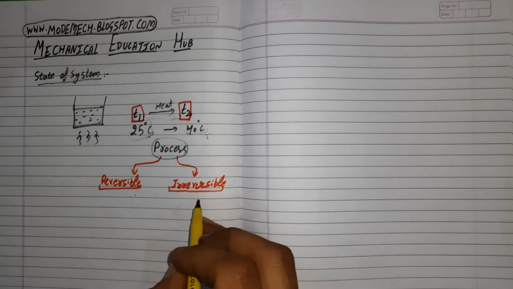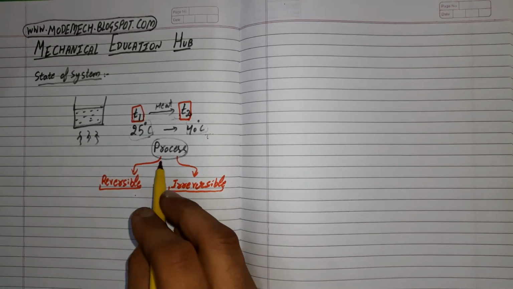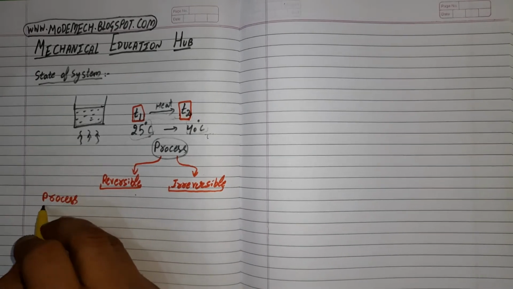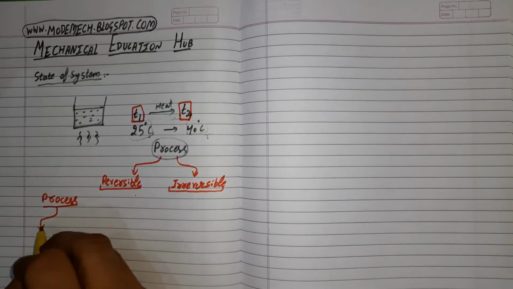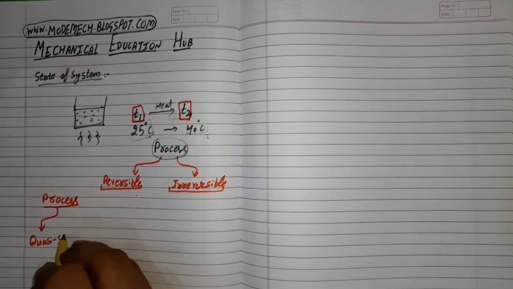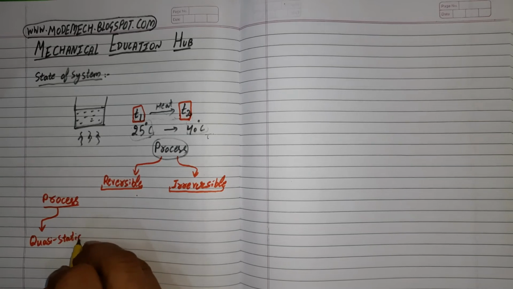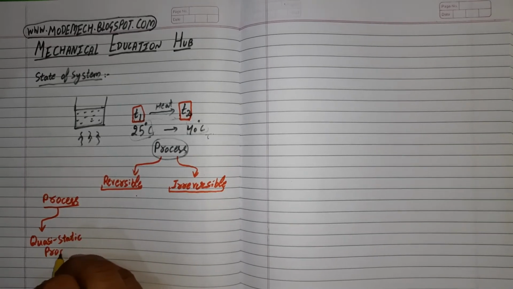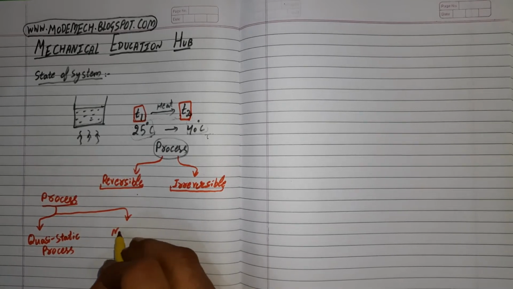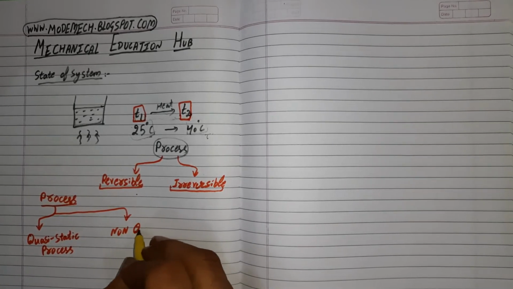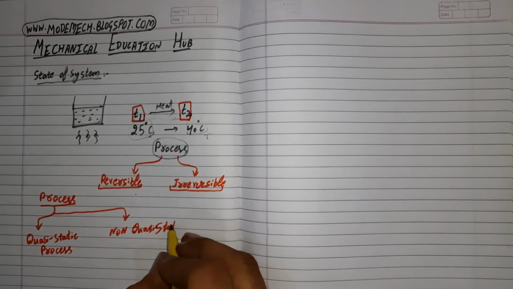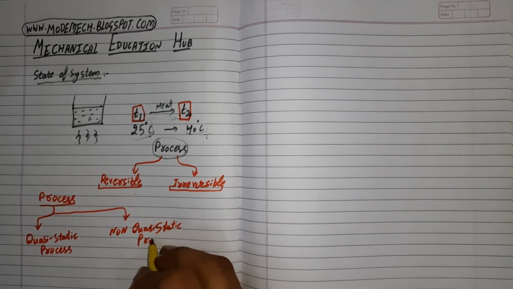Now moving further, we can also classify processes as quasi-static and non-quasi-static processes.